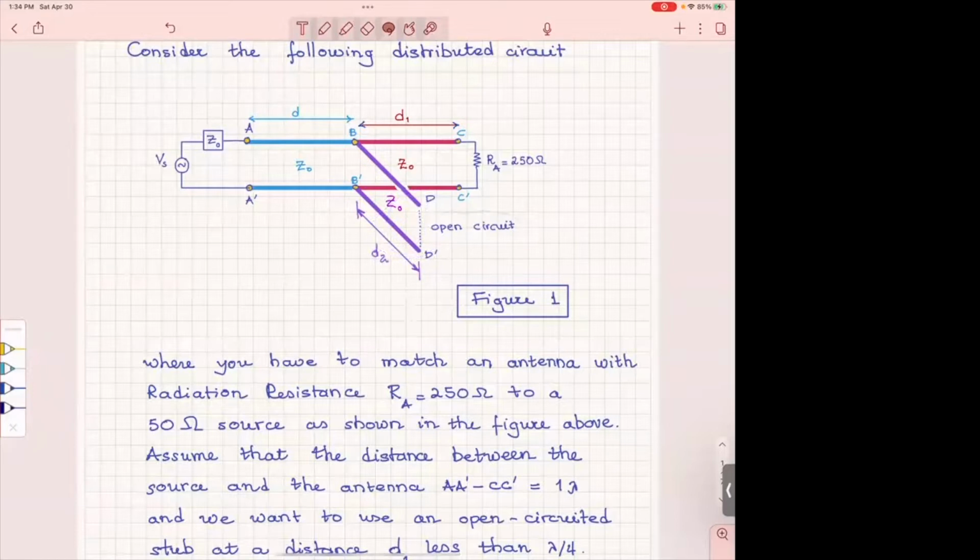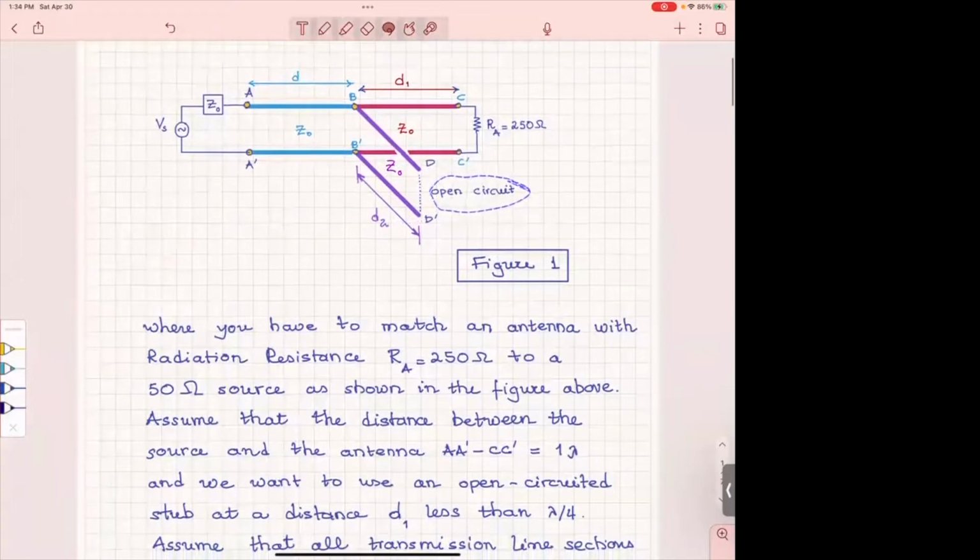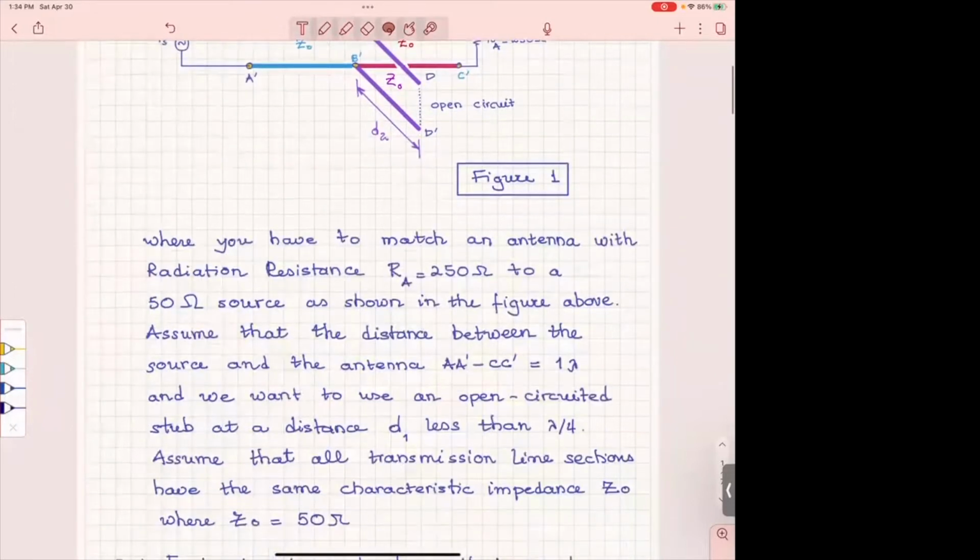All right, and they tell you that the characteristic impedance in every section of transmission line, including the stub, has to be Z0, which is the same as the internal impedance of the source. And we give here that the internal impedance of the source is 50 ohms.